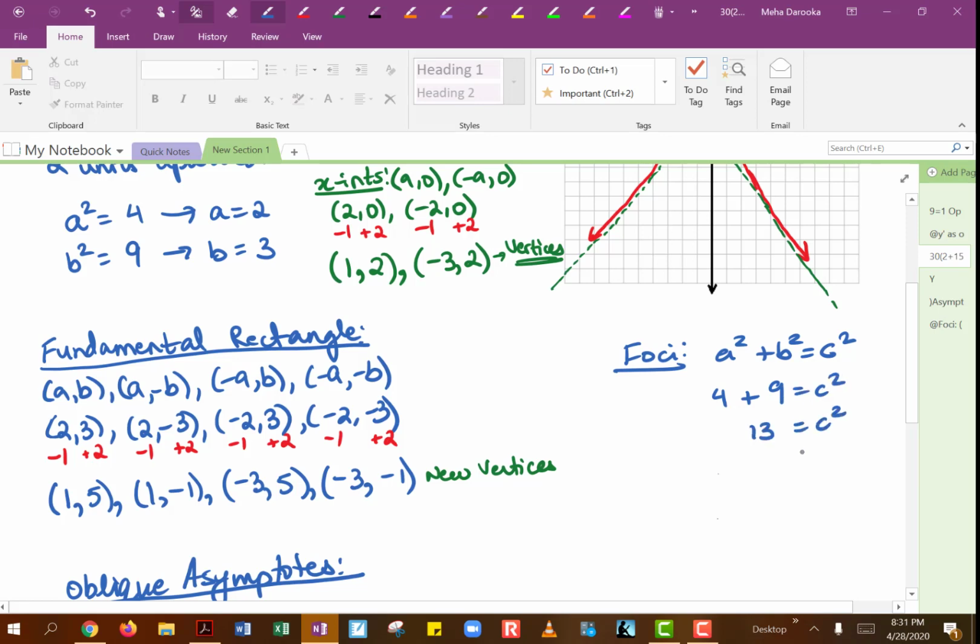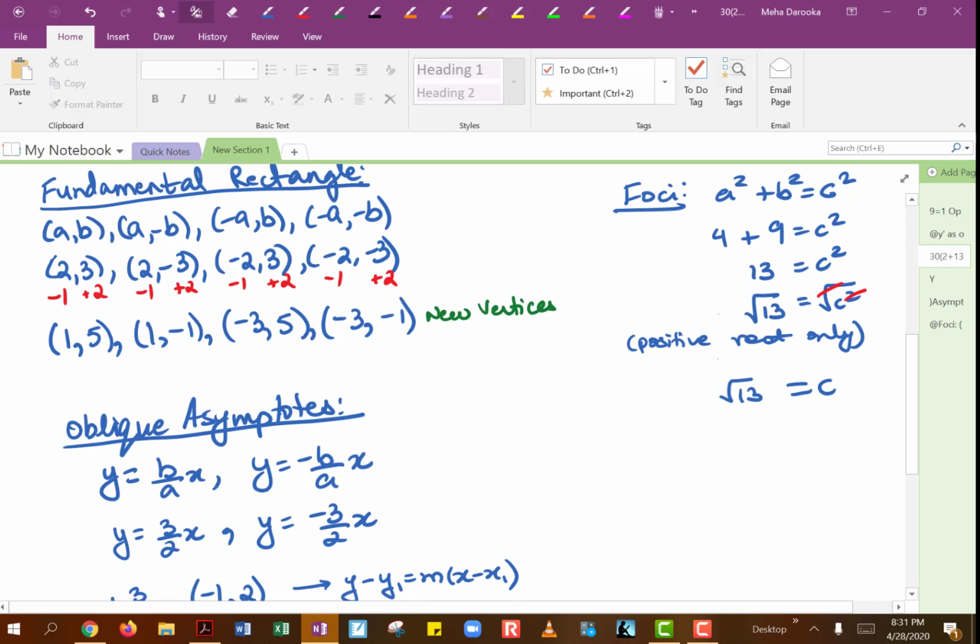Take a square root on both sides, and again we're only keeping the positive root only. So you will end up getting C equals square root of 13. Now this would have been for our original, and since this is again opening left and right, you would have had square root of 13, 0, and negative square root of 13, 0.